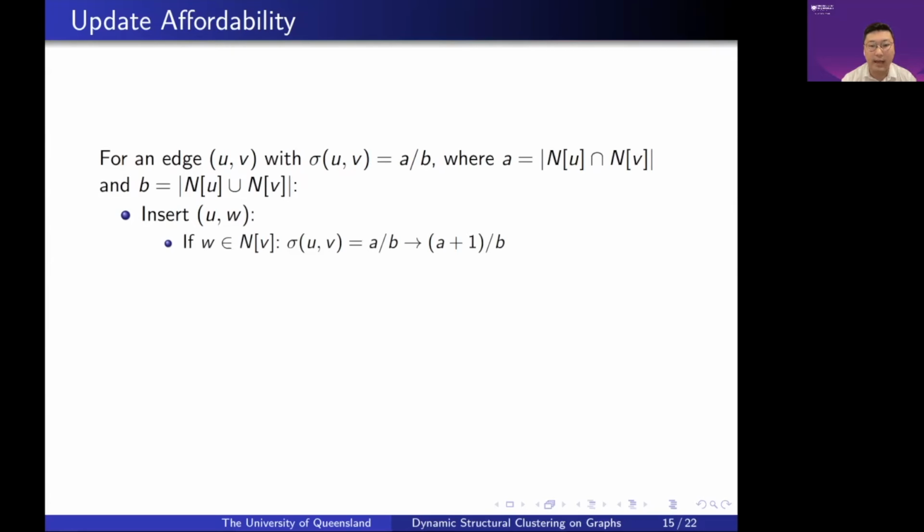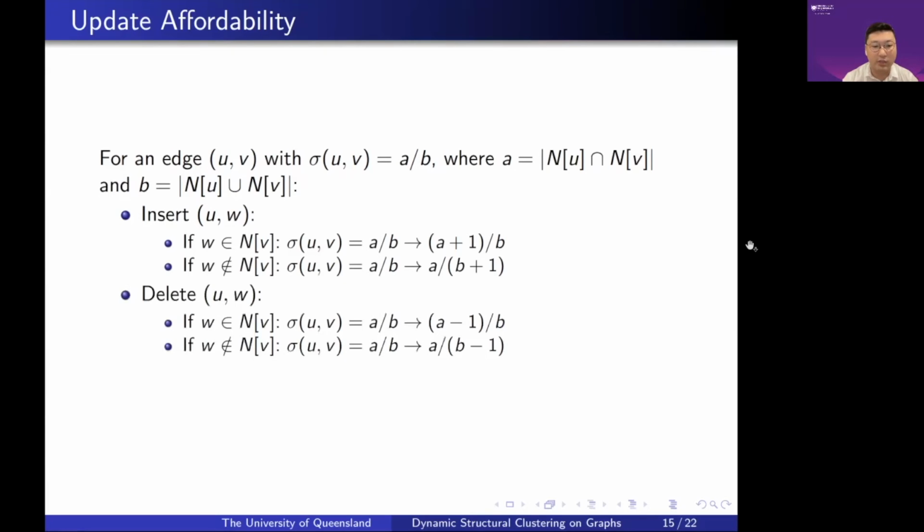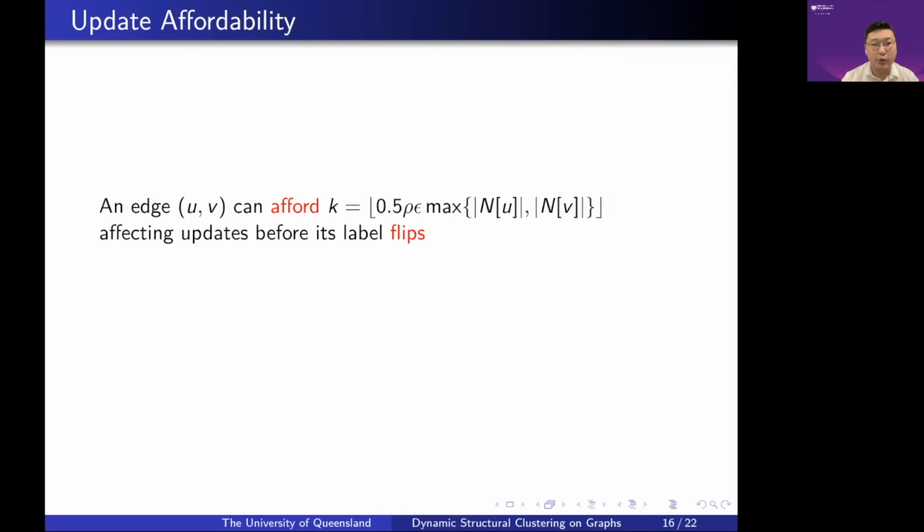So sigma UV is increased to (A plus 1) over B. And if W is not in the neighborhood of V, then the size of their intersection stays the same, and the size of their union is increased by 1. So sigma UV is decreased to A over (B plus 1). And the same is true for deleting an edge UW. We can prove that an edge UV can afford at least K affecting updates before its label flips.